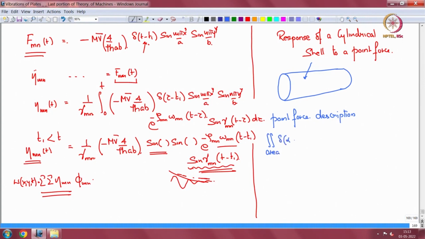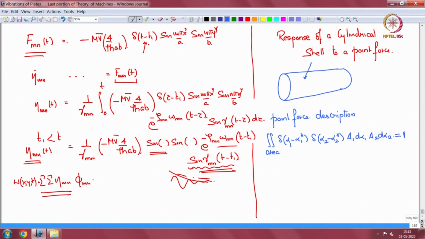delta alpha 1 minus alpha 1 star, delta alpha 2 minus alpha 2 star, then you get a1 d alpha 1, a2 d alpha 2. That should be equal to 1.